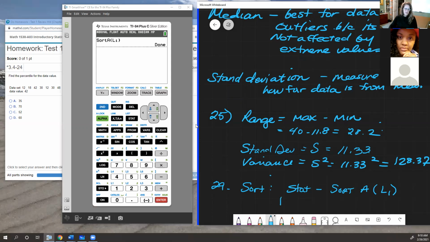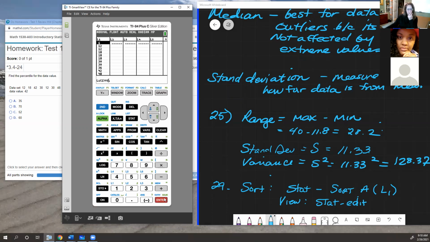And then to view the list, we're going to press stat and then enter as if you were going to edit the list, right? All right, so to view the list, we put stat enter, and then you see it all in order, which is very cool. And now we're going to look for the value of 42.